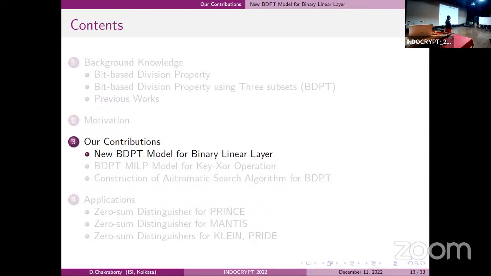Yeah, but maybe we can discuss offline. For Mantis, the binary linear layer is exactly the same as the Midori linear layer. So the mixed column matrix is a binary matrix. Yes, but Prince is also a binary linear layer, but not exactly the same as the Midori structure.